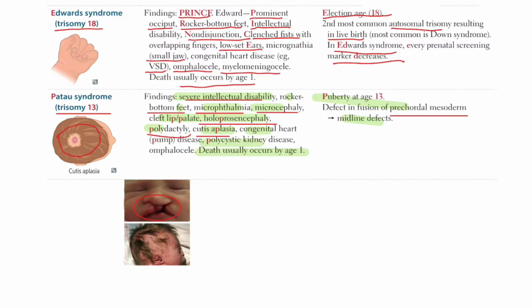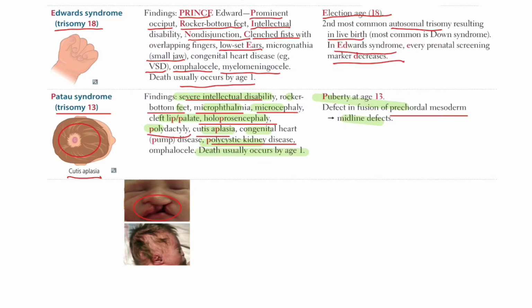So this is cutis aplasia at the head: absence of hair and some skin issues at the top of the scalp. It is called cutis aplasia. Congenital heart diseases, polycystic kidney disease is also present in Patau syndrome.